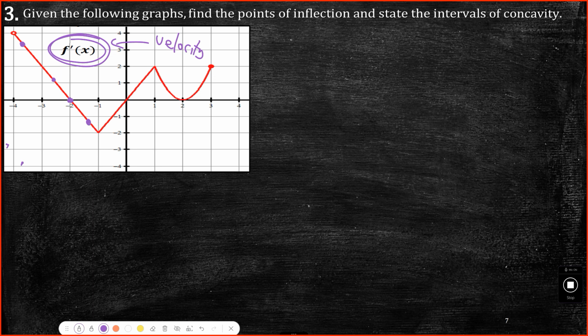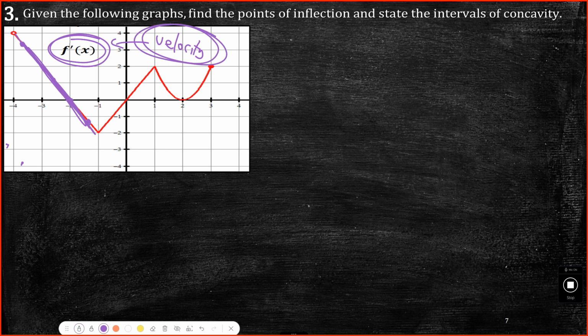But now, what is the slope of this thing? Is it positive or negative? Negative. So when the slopes are negative, we're describing velocity.